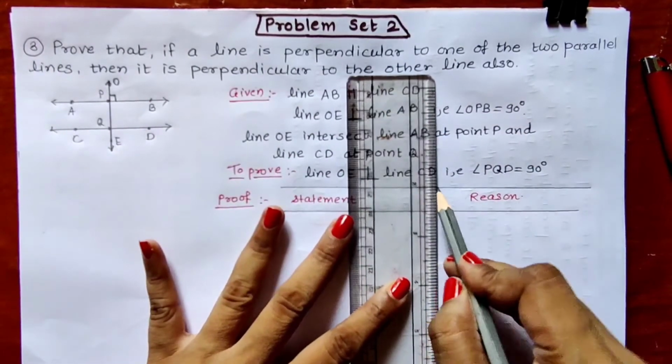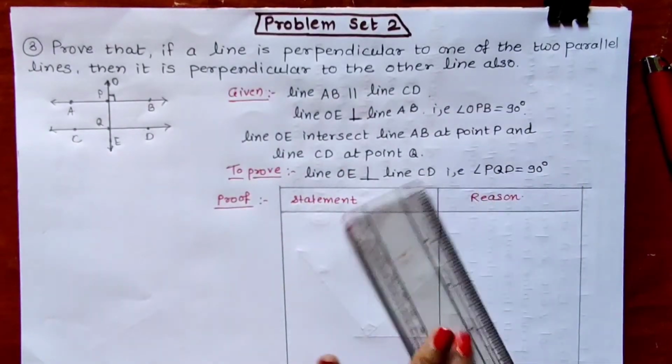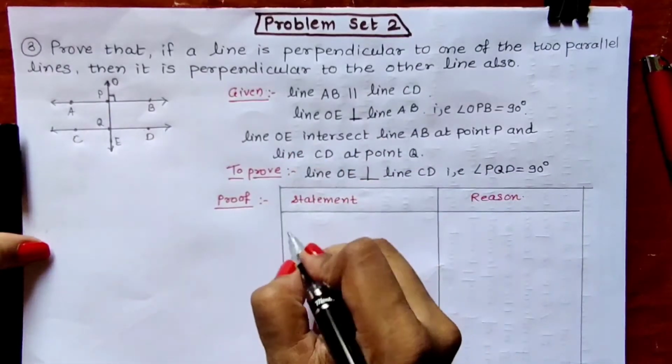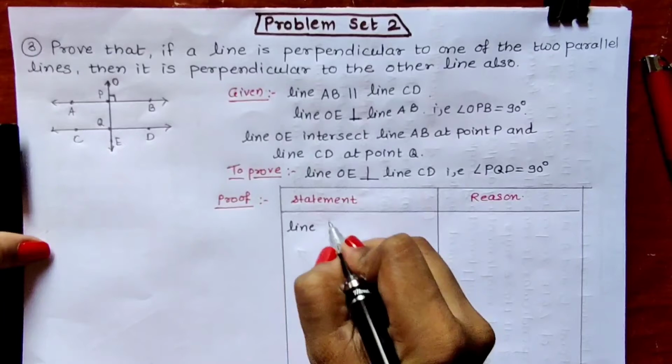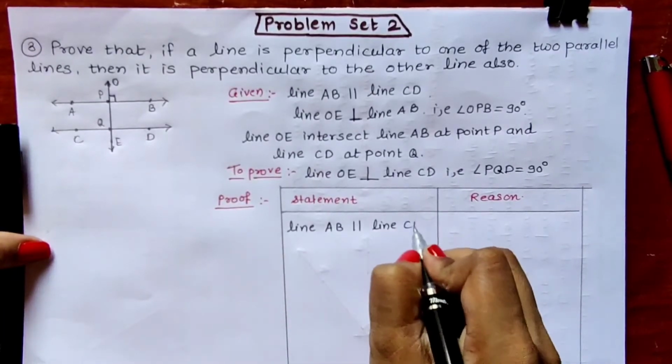Okay. Now let us start our proof. This is given to us. Line AB, line CD are parallel to each other. Line AB is parallel to line CD.